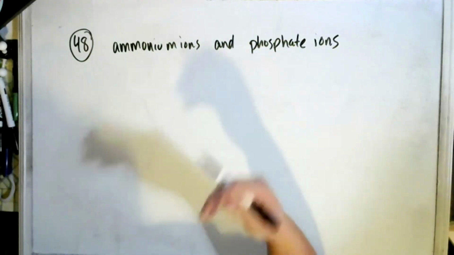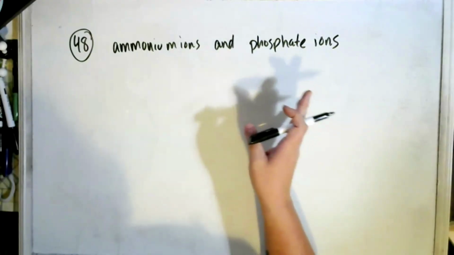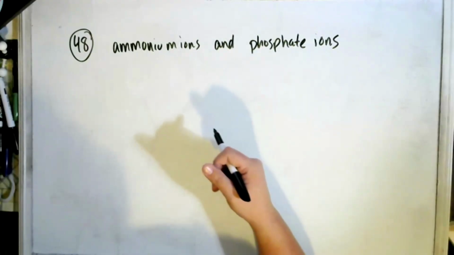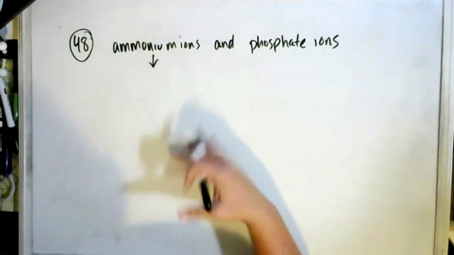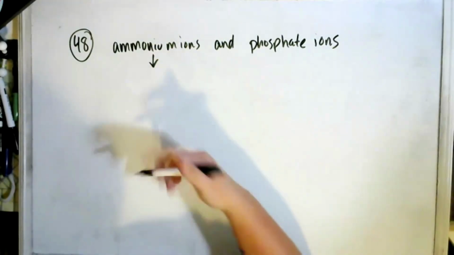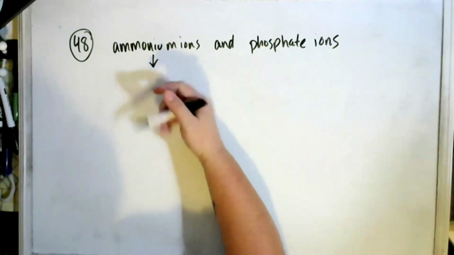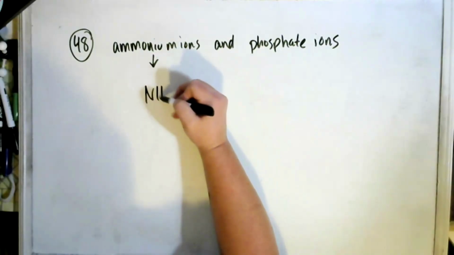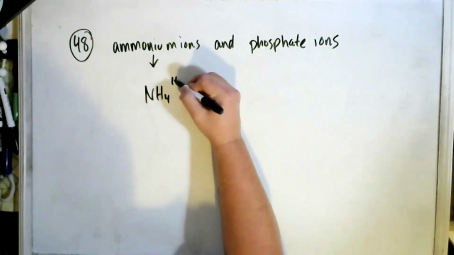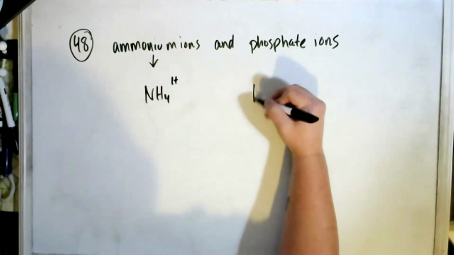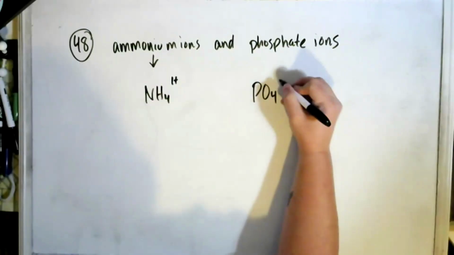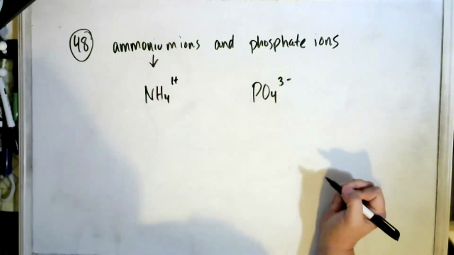And then you're going to include the charge because we're going to have to combine them so that the charges balance out. Use your reference sheet here, get used to using that. The ammonium formula is NH4 and it has a +1 charge. Your phosphate formula is PO4, -3 charge.